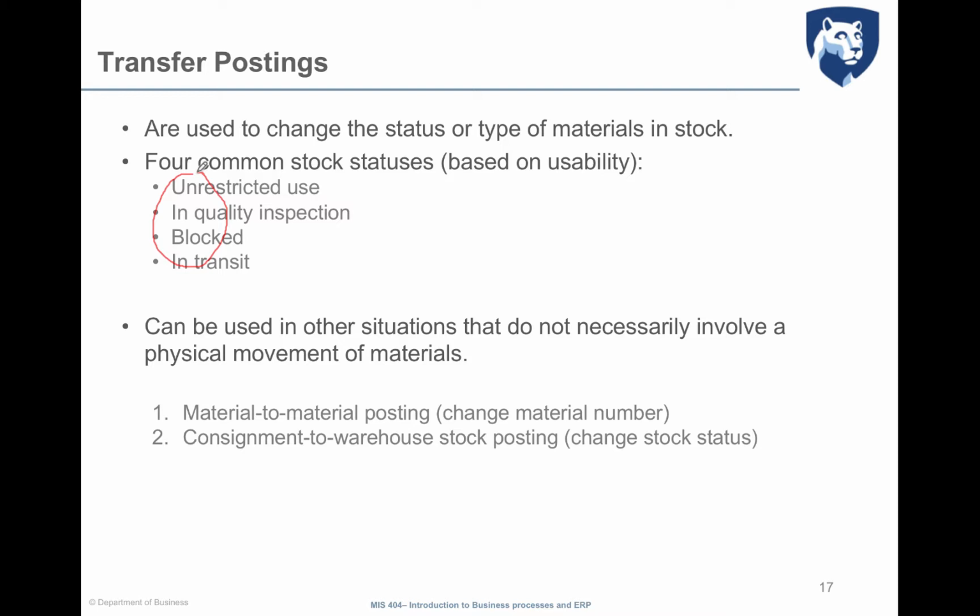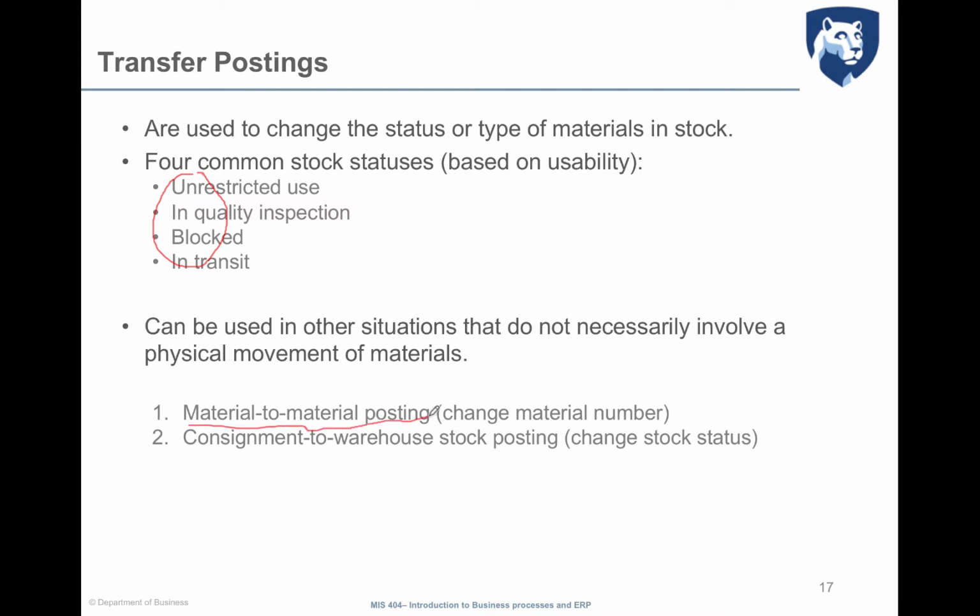It doesn't imply that the material is physically moved. It can be just a transition of status, just because the process has progressed in its activities. Let me show two examples of that. The first one is material to material posting.